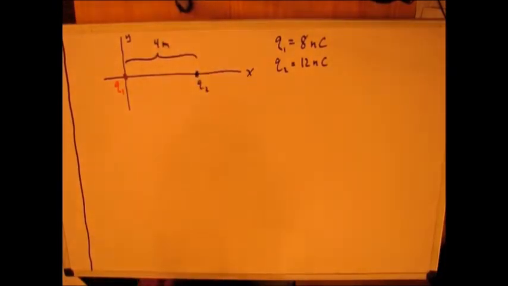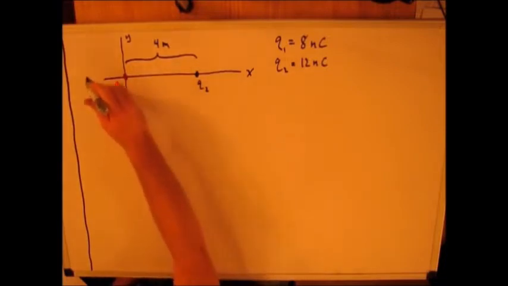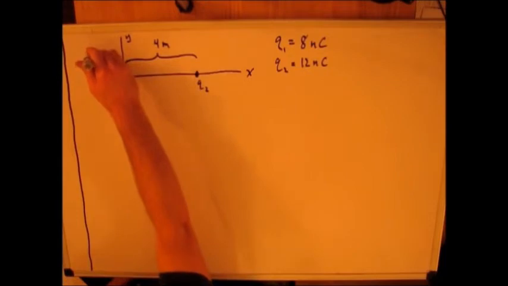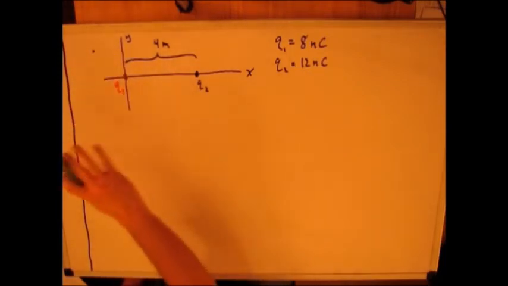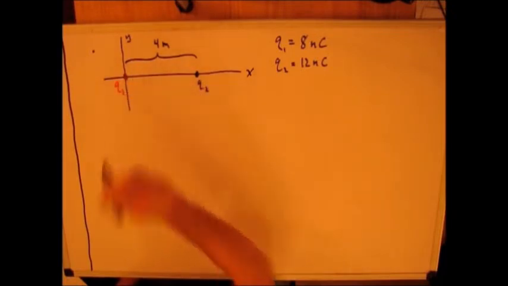Okay, and so each of those point charges creates its own electric field at every point in space. Say at this point over here, which we're actually not going to look at, it's all empty space except for these 2 point charges.